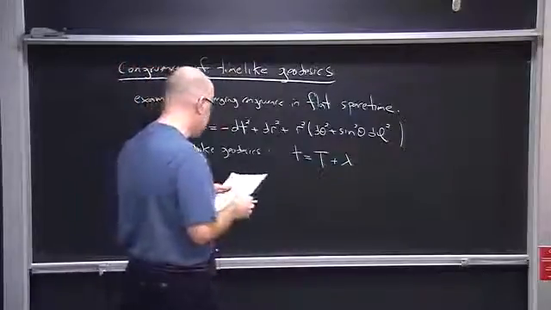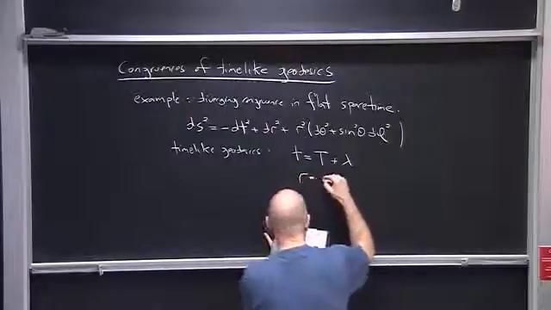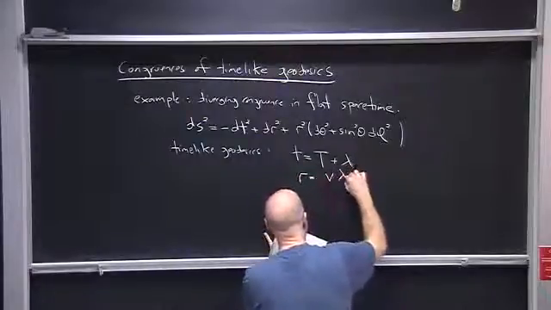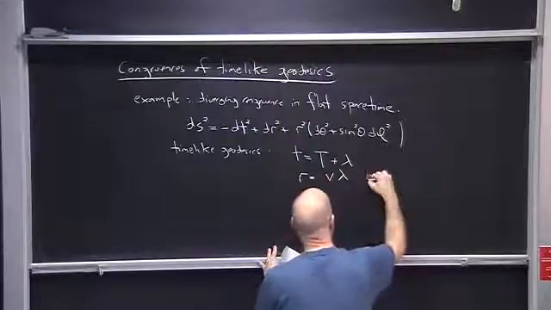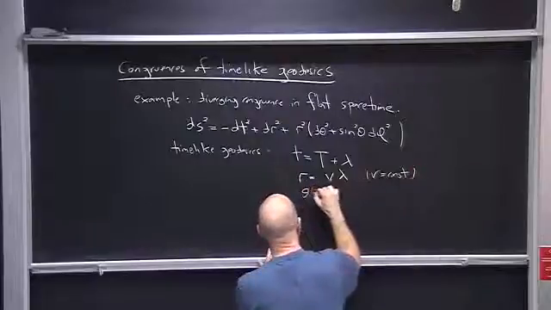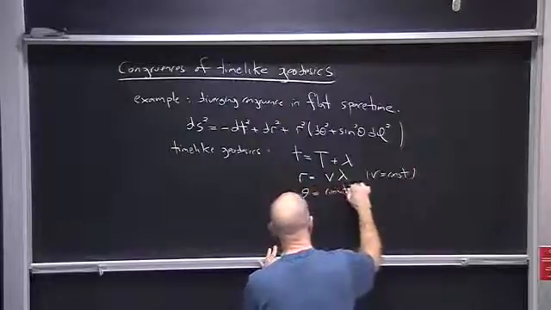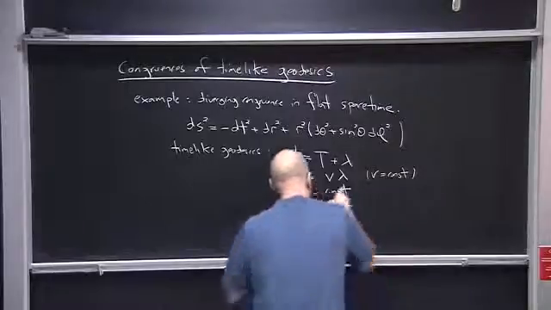It's going to be a constant times proper time. r is going to be a parameter v, which is a velocity parameter, times the lambda running parameter. So v is a constant. And theta is going to be a constant on the congruence. And phi is going to be a constant. But the constant can vary.